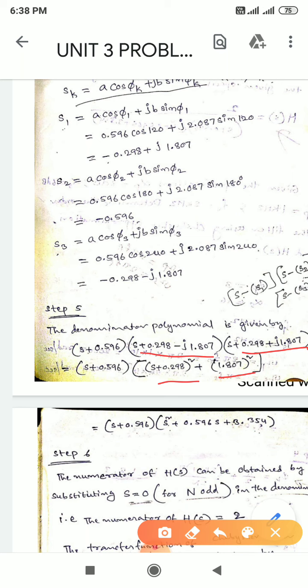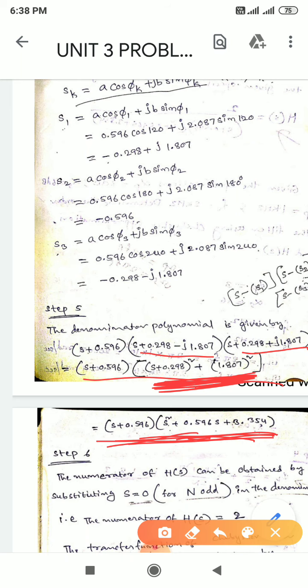Here j square value is minus 1, so minus into minus is plus, and we get 1.807 whole square. We simplify this equation and get the equation like this. This is the denominator polynomial of H(s).